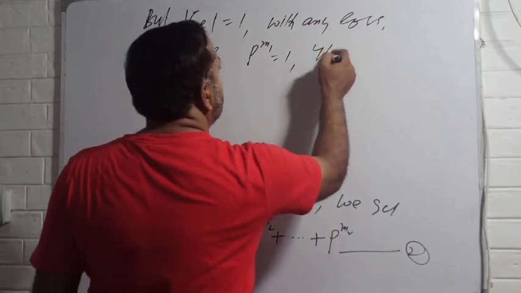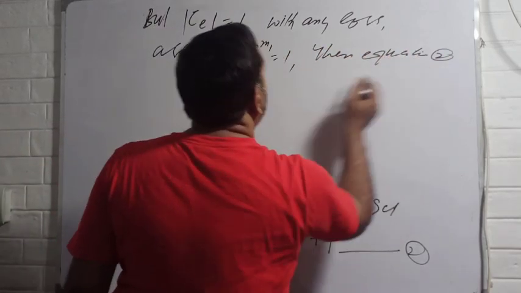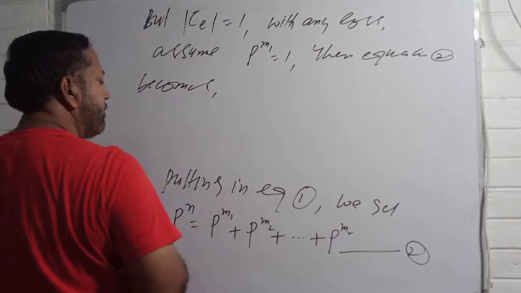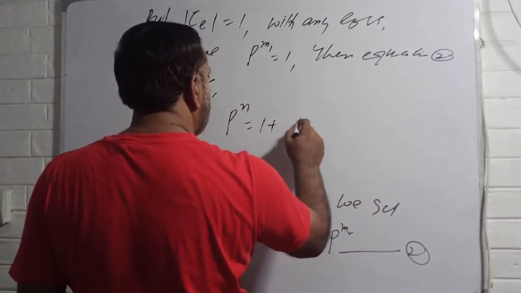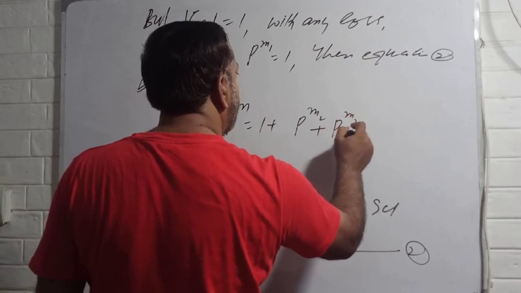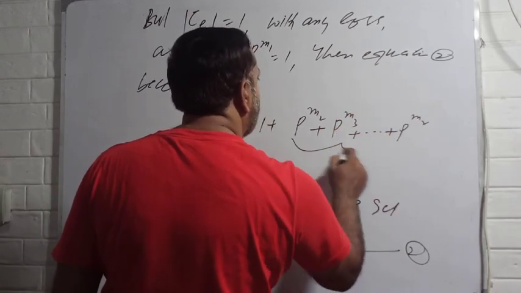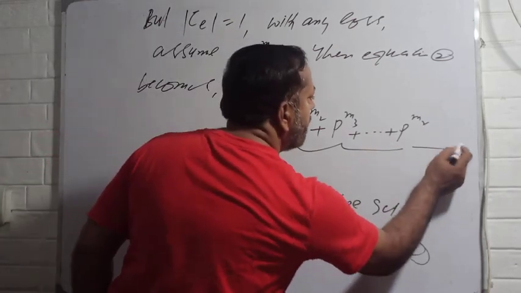Then equation 2 becomes P power n is equal to 1 plus P power m2 plus P power m3 plus so on plus P power mr. This is equation number 3.